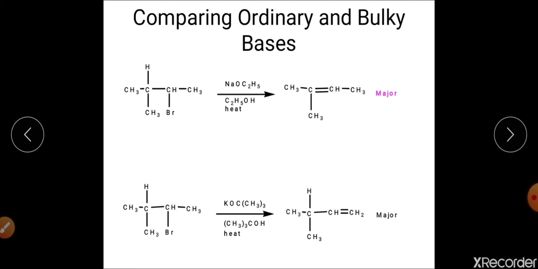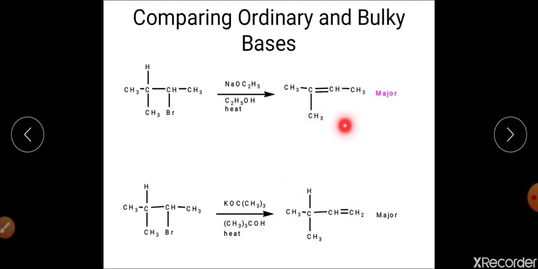These are the reactions in which we are comparing the ordinary and the bulky bases. For example, this is a case in which we are using the ordinary base, and this is the case where we are using the bulky base. You can clearly see in this you are getting this product, and in this reaction you are getting this product.